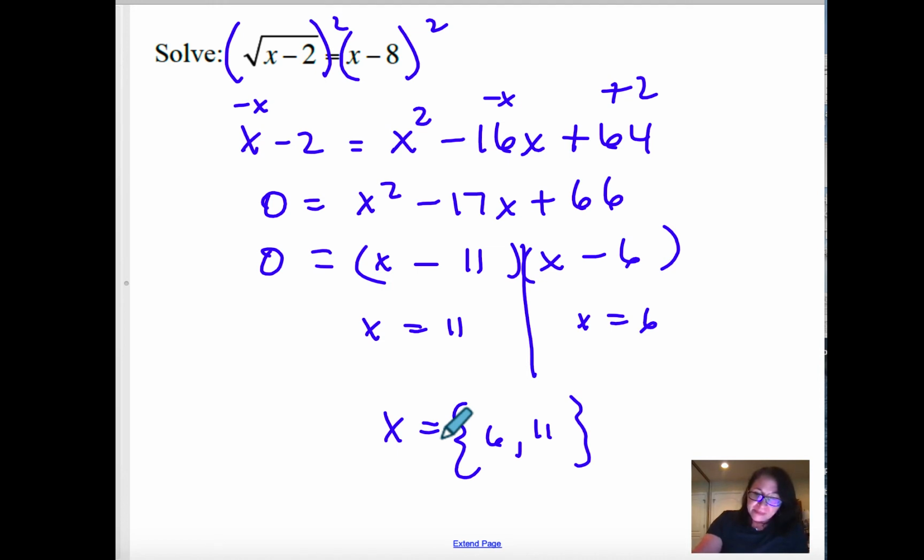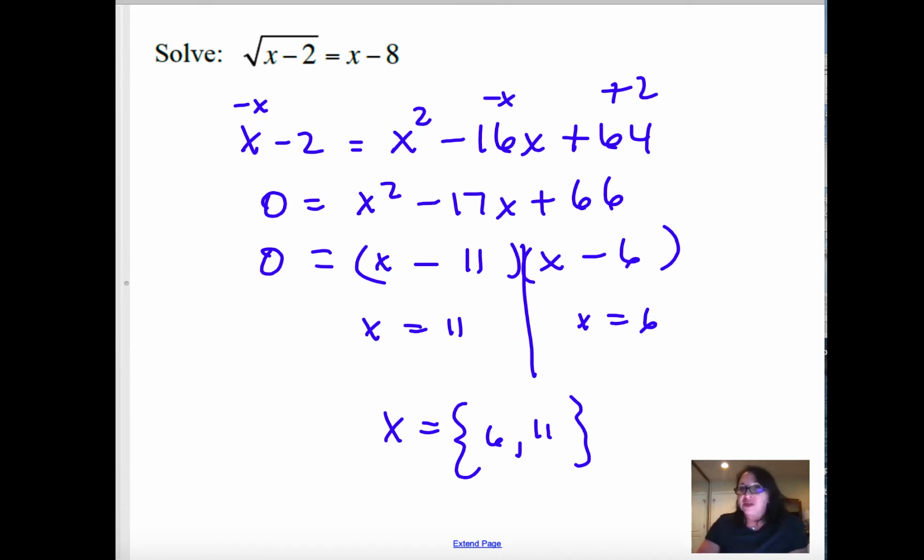Now, the only thing about this stuff is that with roots, it's kind of tricky because you feel like you're done and you're ready to move on, except you may not be. When you are using a square root function like this, it is possible that you're going to have something called extraneous solutions.